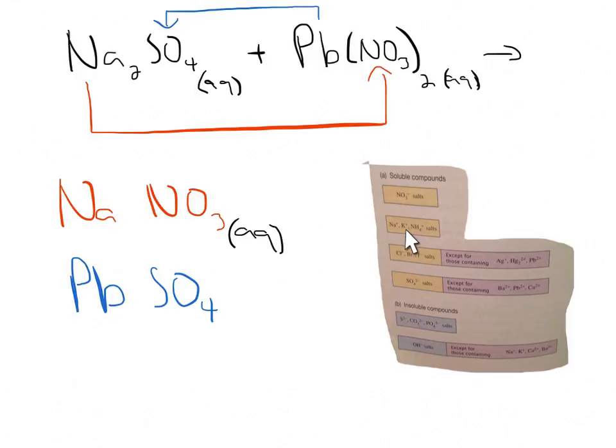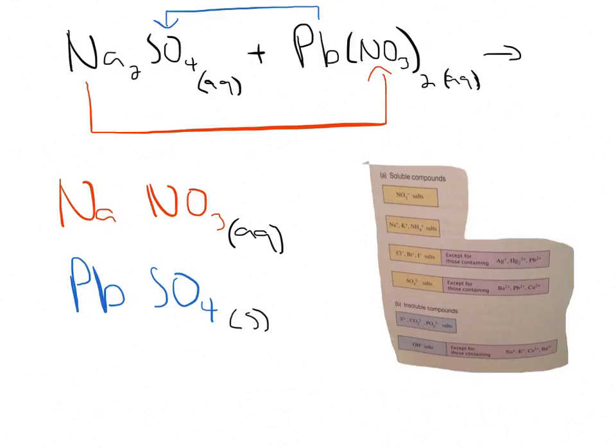Soluble compounds Na+, K+, NH4+, I don't see it there. Soluble compounds Cl-, Br-, I-. Soluble SO4 2- salts. Here's SO4, but there are exceptions, except those containing Ba, Pb, and Ca. So this is an exception to the solubility, so this must be a solid.